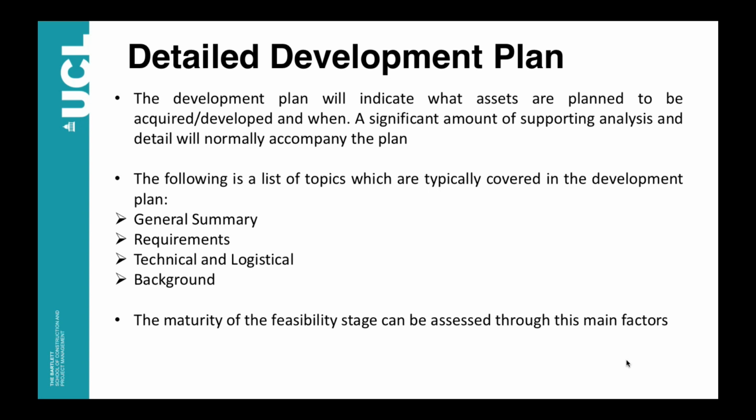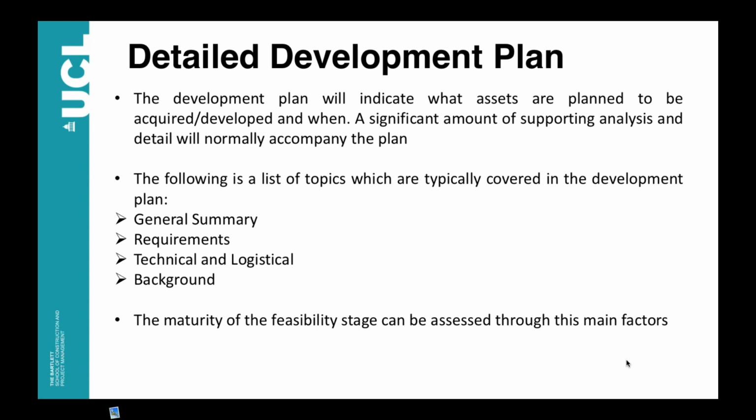Here you have a list of topics which are typically included in the development plans, which are the general summary, which provides the basic details of the plan, the main requirements, which are the technical and logistical issues, and also it's good to include a relatively complete background in order to provide context to the development.